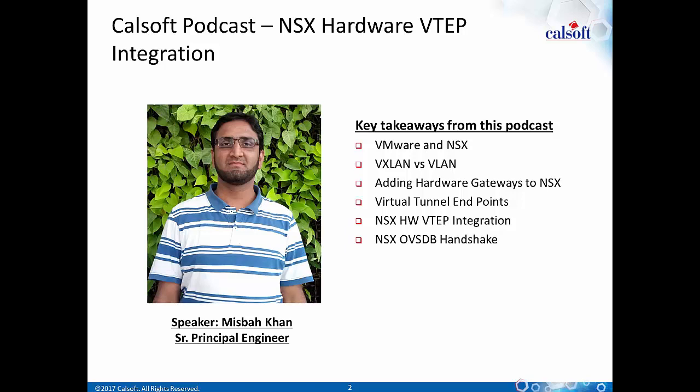Now on the NSX side, you are required to add your virtual machines to an NSX Logical Switch. This logical switch is a logical entity. This logical switch should be bound to a particular VLAN, enabling communication to bare metal servers on either the same or a different subnet. Apart from this, NSX provides the flexibility to add physical switches as hardware gateways to it.